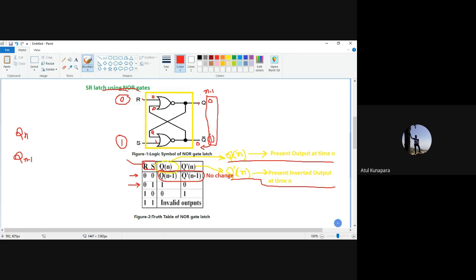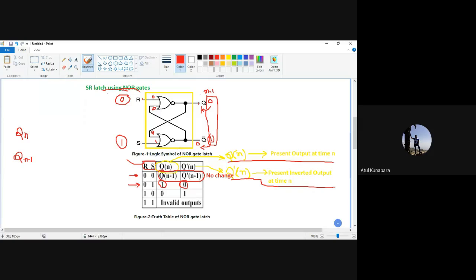Here R is 0 and the 0 came here, so 0, 0 will make your output logic 1. So this is going to move from 0 to 1. That's why the output will be set and it is going to be reset at the inverted output. This is one condition I have talked about.